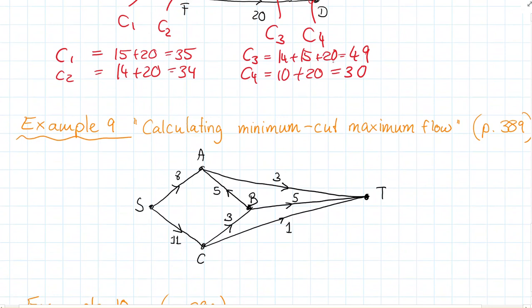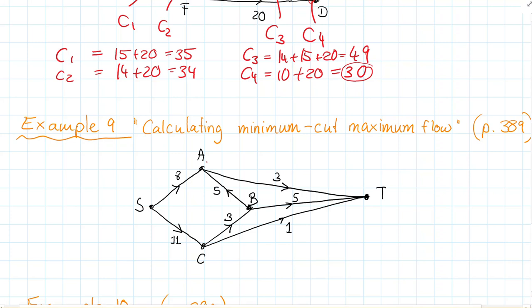Then, like in the example before, we would add all the numbers up, and then we would choose the option with the minimum cut capacity. Have a look at our example above here. The minimum cut capacity here was 30, so that's the lowest number. And that would again allow for the maximum flow.